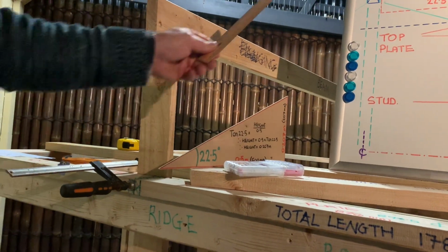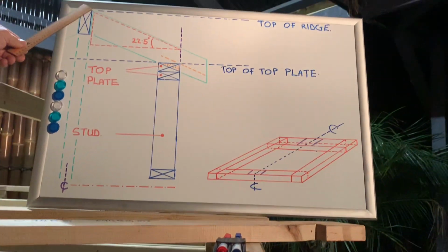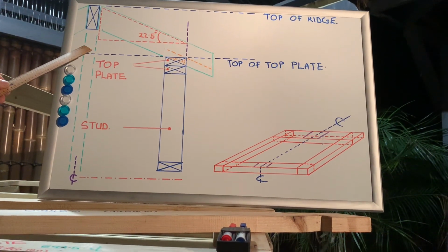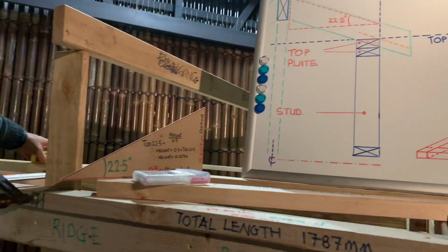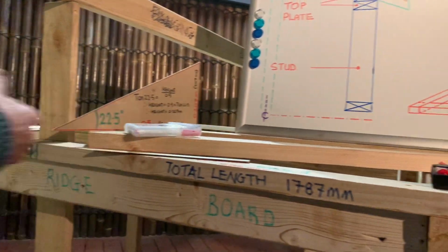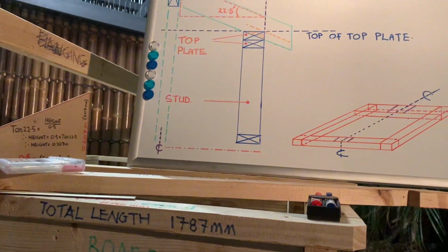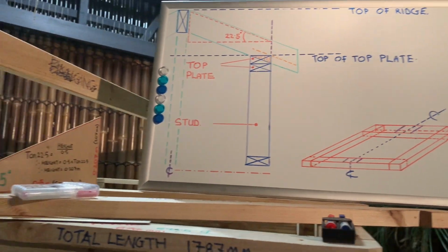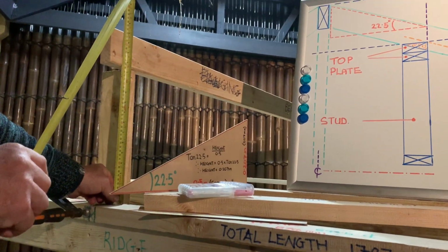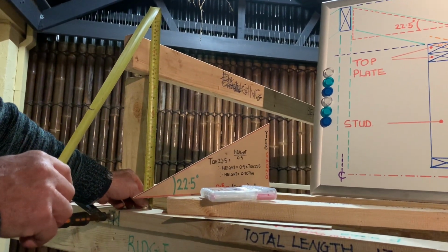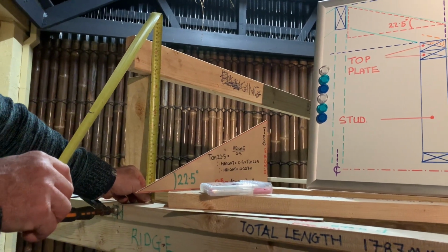I worked out that my height from there to there was 435 millimeters. So I got my tape measure and measured from the top plate to the top, roughly 430 odd millimeters.